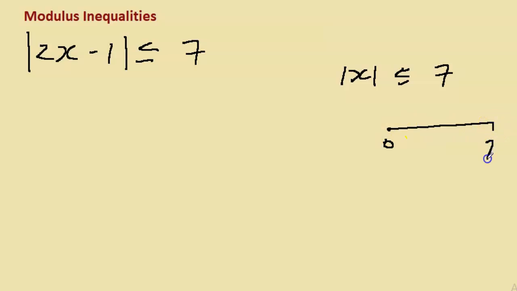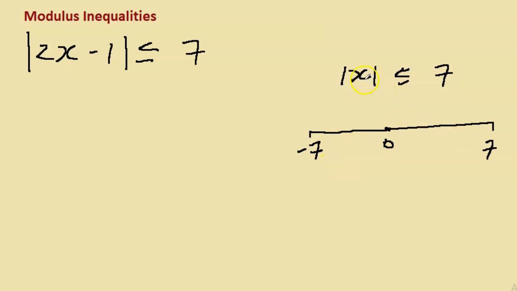We'll put 7 here, and negative 7 there. What this means is that any value I substitute for x has to be less than 7 or greater than minus 7. It would have to be in this interval between 7 and negative 7.